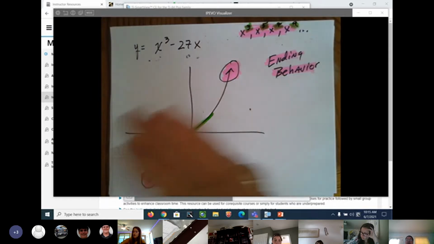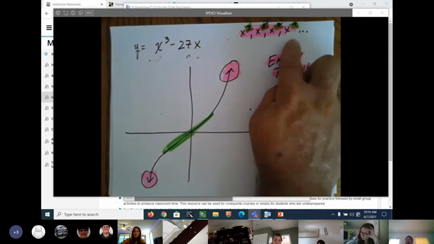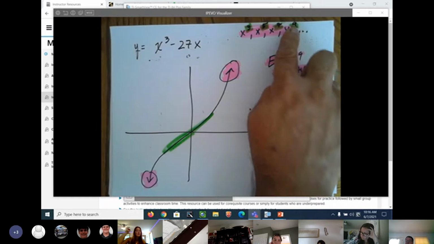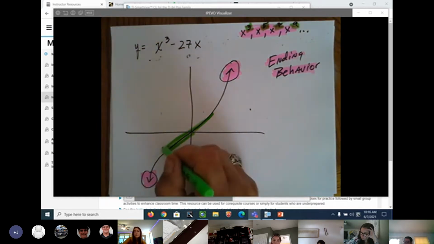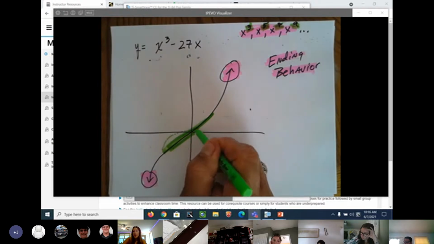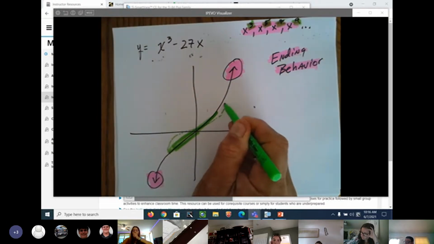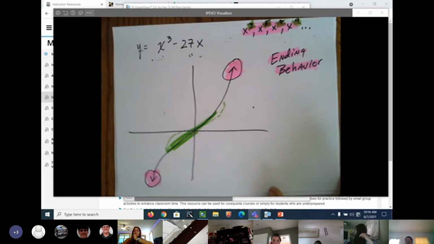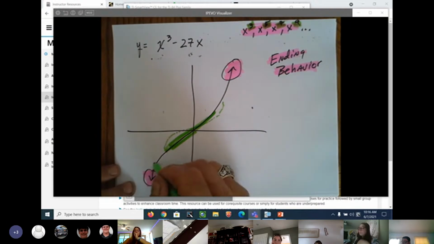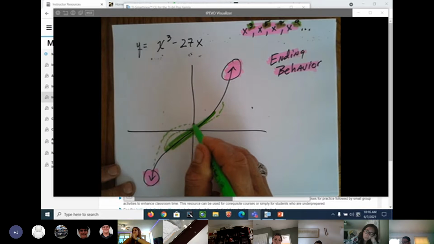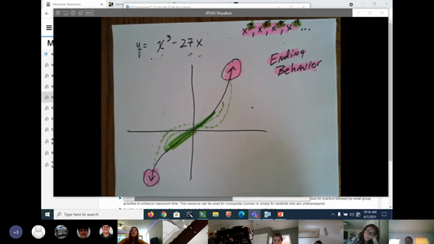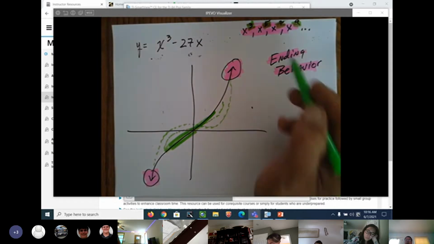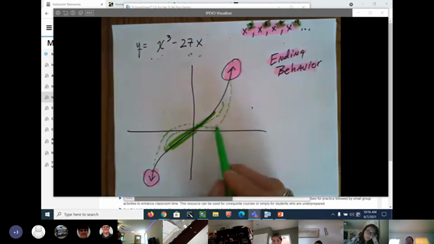So the higher the exponent, the more this flattens out. So you may get one that looks like this. And that may be an x to the 5th. And then you may get one that looks like this. And that may be x to the 7th and so on. So the degree has a lot to do with how flat this middle part is.